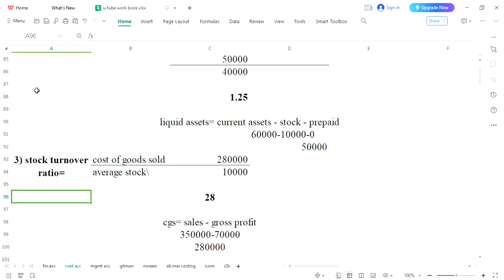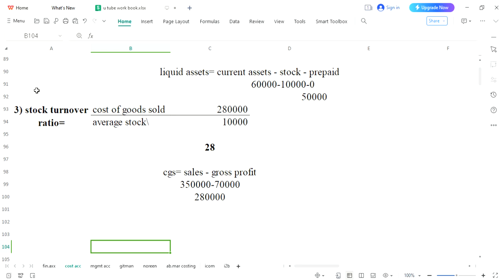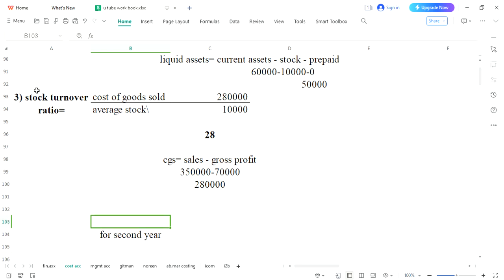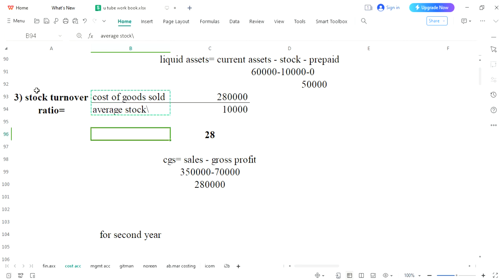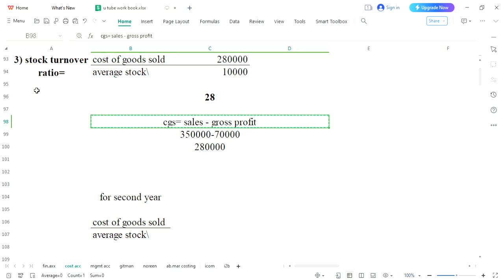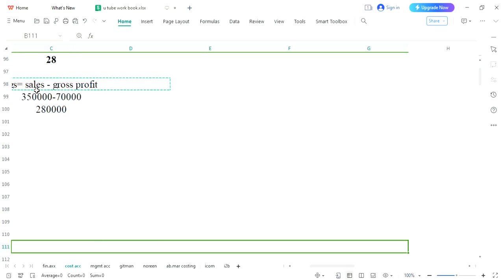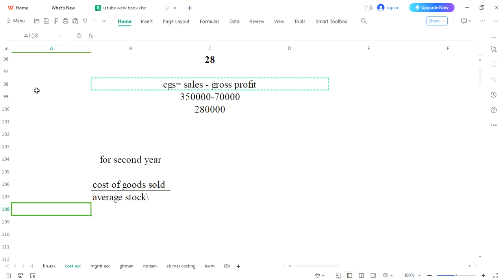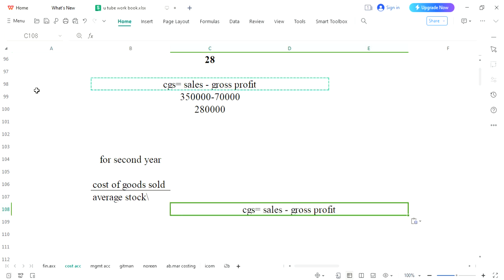But here, stock turnover for the second year, the same formula would be used, and you will write for the second year. That is why I was not doing it, because it is just copying.